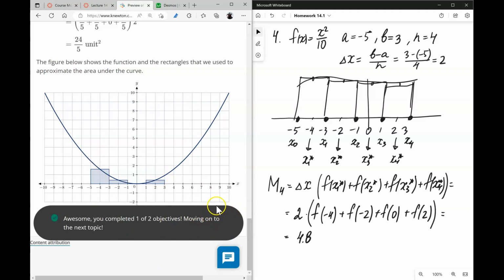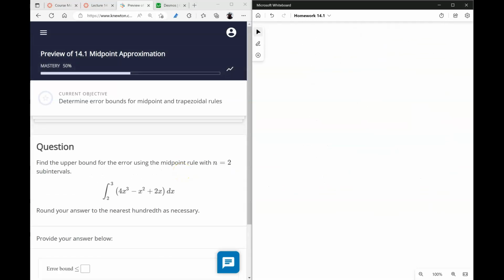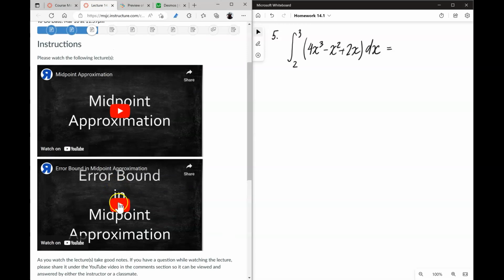All right, making some progress. In question number 5, we are asked to find the upper bound for the error. And what we are actually asked to do here is to use the formula that we discussed in this lecture.